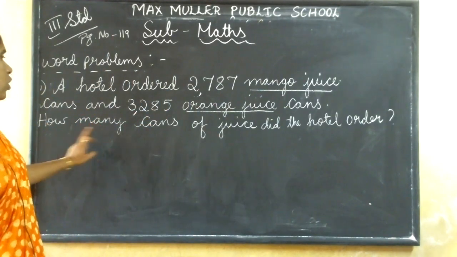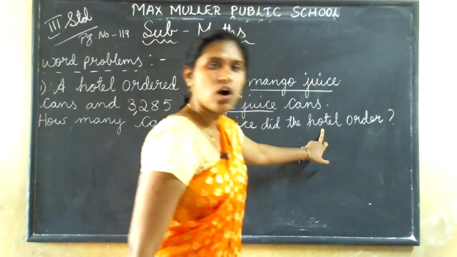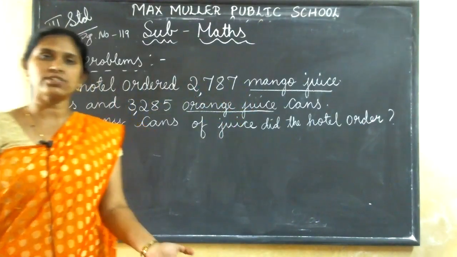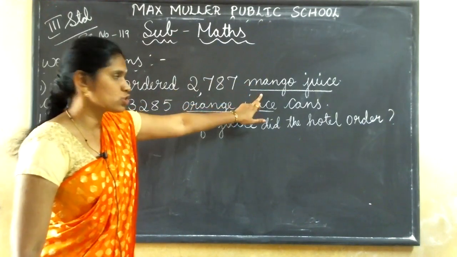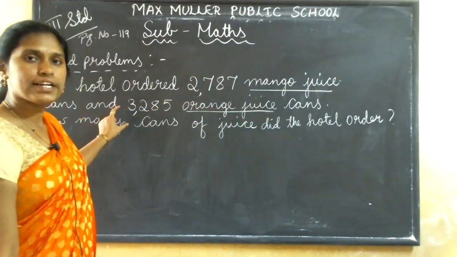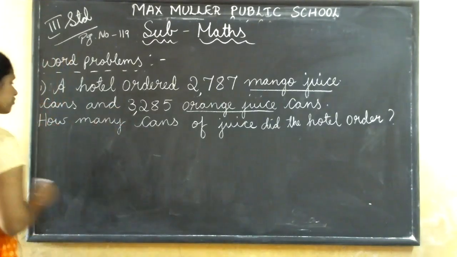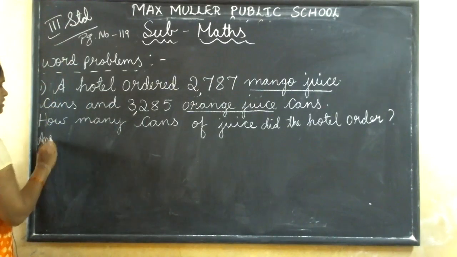See here, how many cans of juice did the hotel order? They are giving order to another shop. Total, how much? Mango juice, so much they have ordered. Orange juice, they have ordered so much. So to find that one, what we are going to do? We are writing the statement.